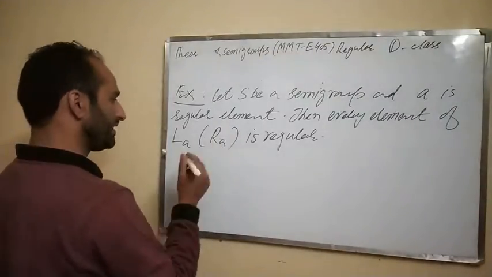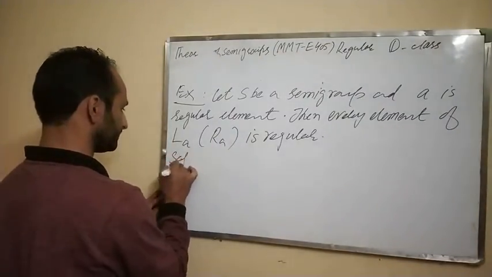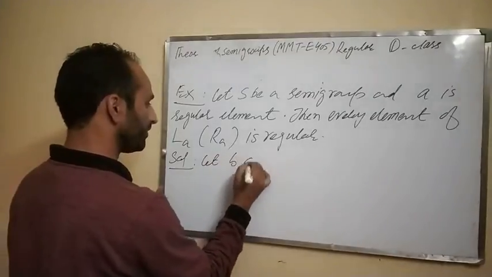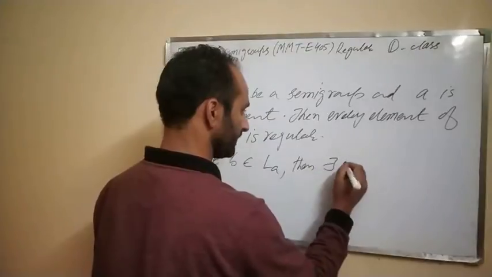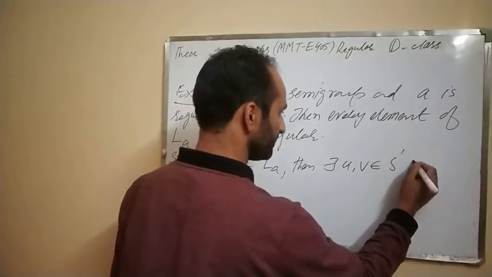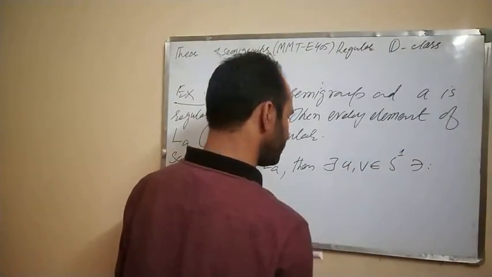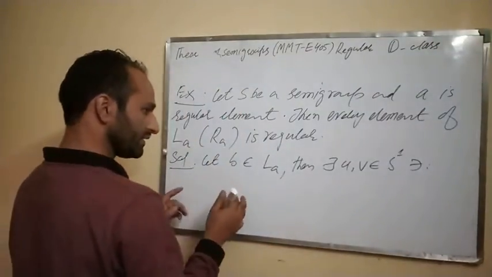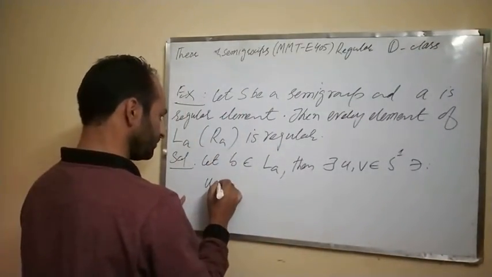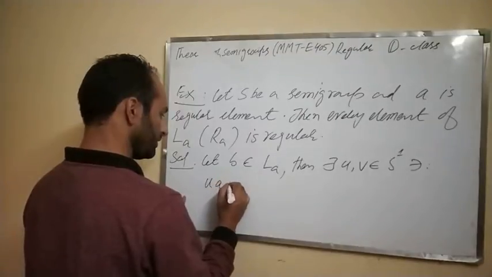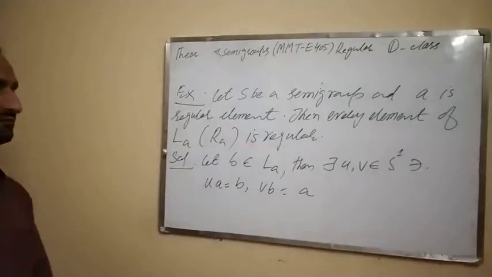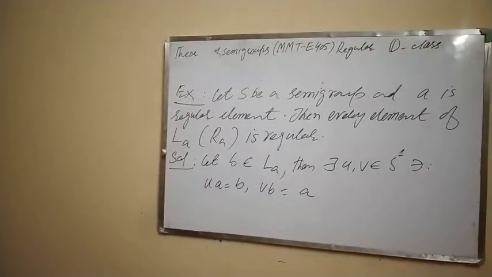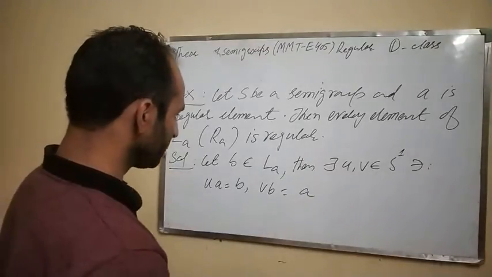So let B be any element of the L class of A. Let B belong to LA. Then by definition, there exist U, V in S1 such that, L meaning U is on the left side, UA is equal to B and VB is equal to A. Now we show that this B is also regular.